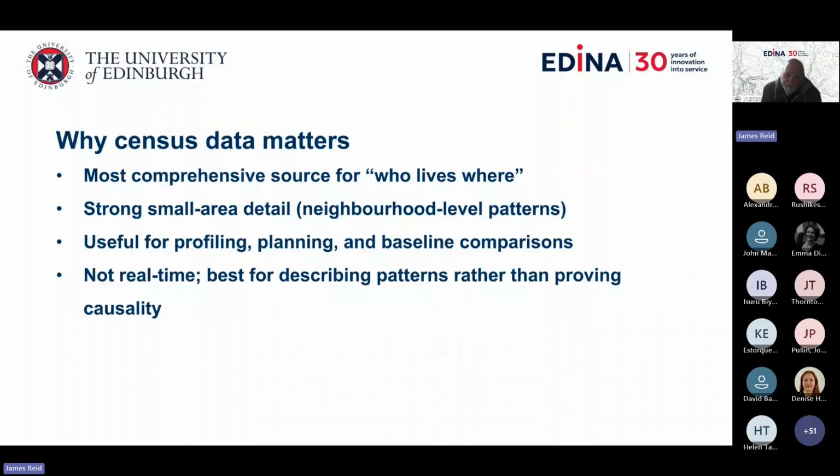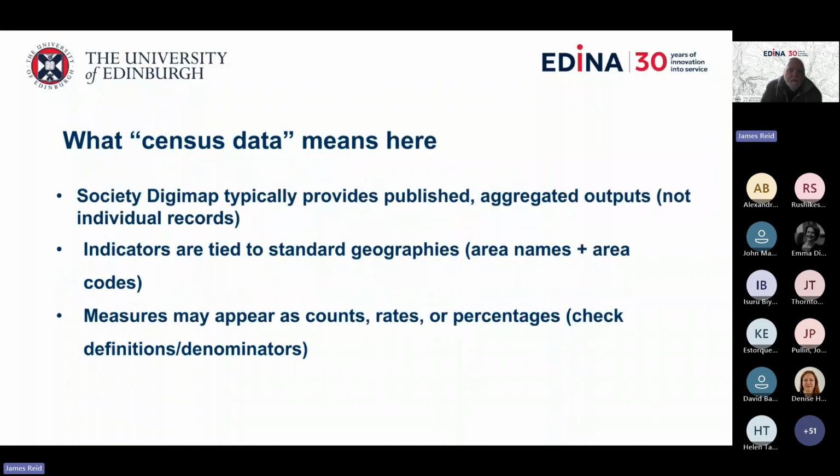That's useful for profiling, for planning and baseline comparisons. It's not real time. As I said, there's always a delay between census enumeration day and the outputs, but it's best for describing patterns rather than proving causality. And I'll say a little more on that in a second.